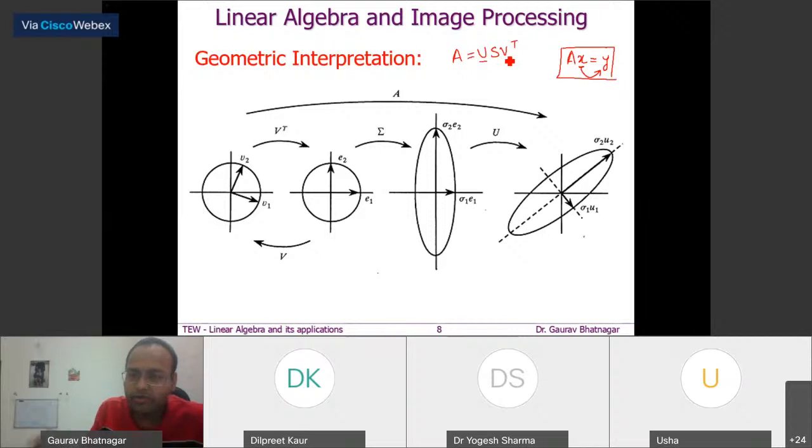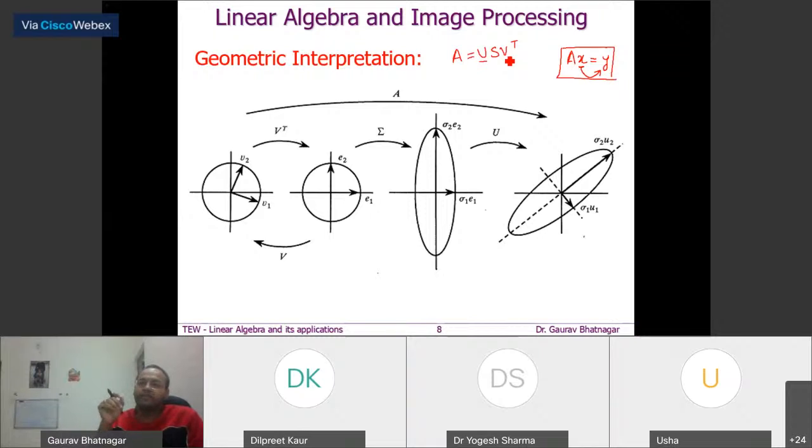U and V are orthogonal in nature, as I mentioned in the previous slide. So can you give me one orthogonal matrix which you use a lot of times? Please do not give me the identity matrix, I am not interested in that. Any matrix, maybe of size 2 by 2, or 4 by 4, whatever its size may be.